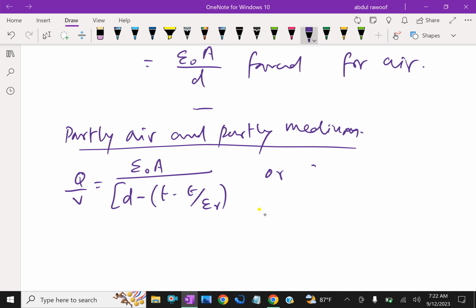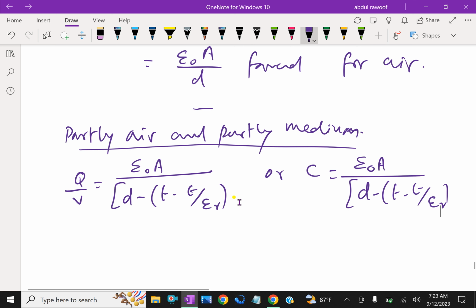Or C equals epsilon 0 A over D minus T minus T over epsilon r. If the medium were totally air, then the capacitance would have the same D. Here, partly medium, partly air.